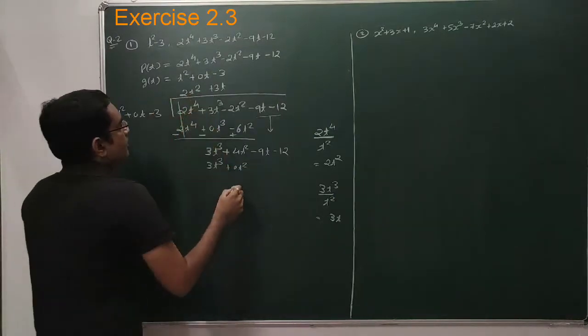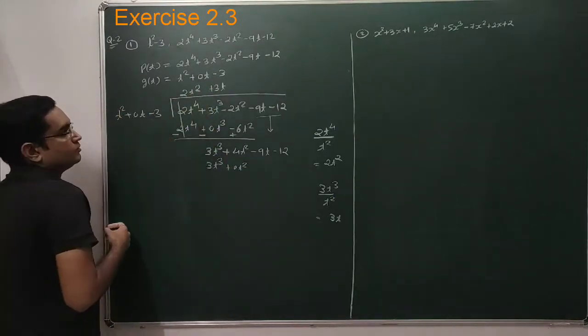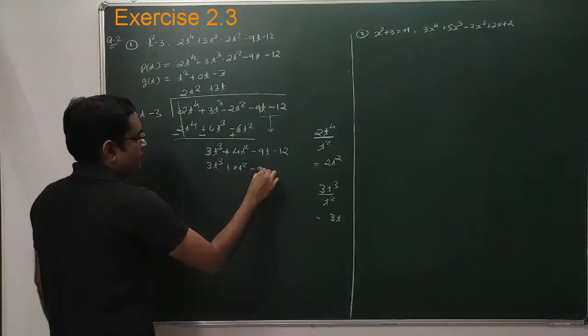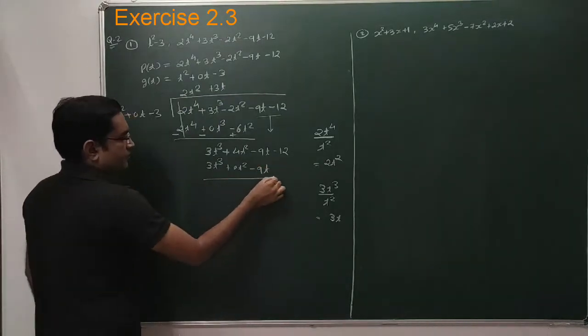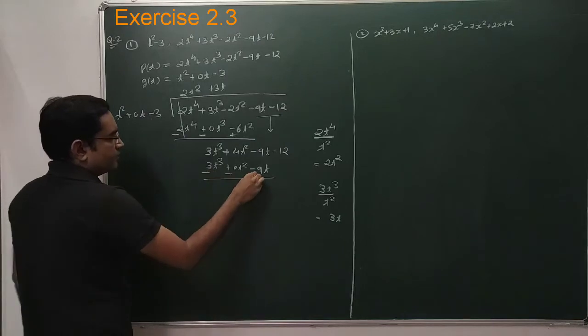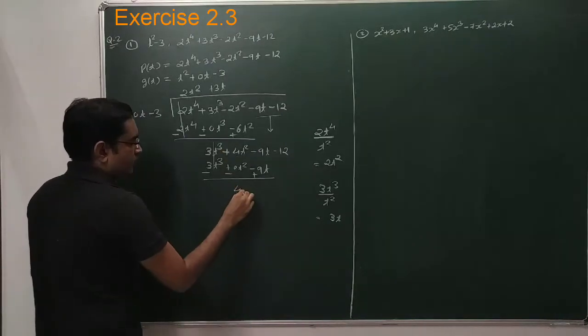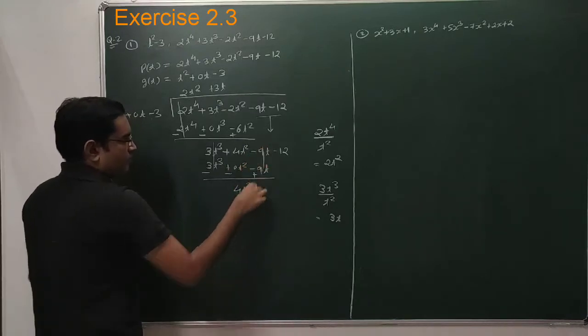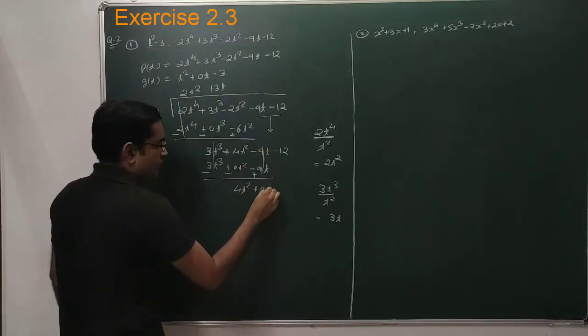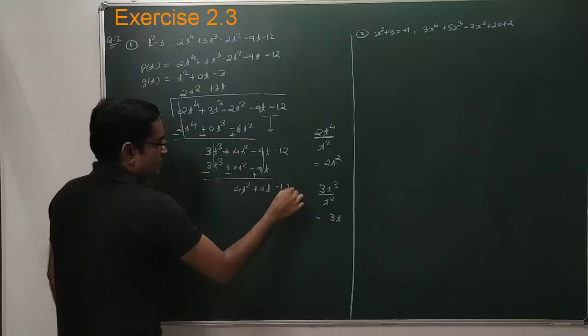Minus 3 into 3t is minus 9t. Change the sign, minus minus, and this is plus. So this will be cut. This one is 4t square. Now this will be again cut. You have to write 0t. So it's minus 12.